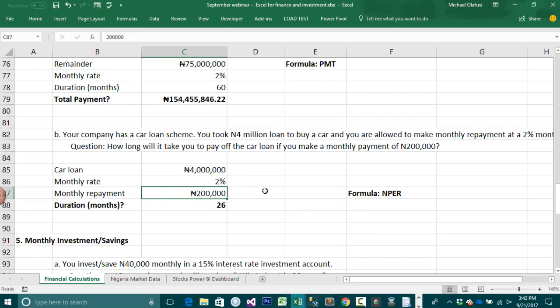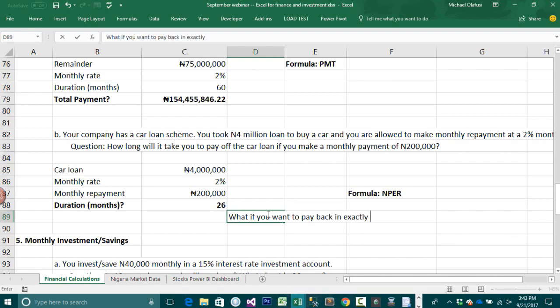And then you can decide, what if you want to pay back in exactly 2 years? 2 years is 24 months, right? How can you answer that?